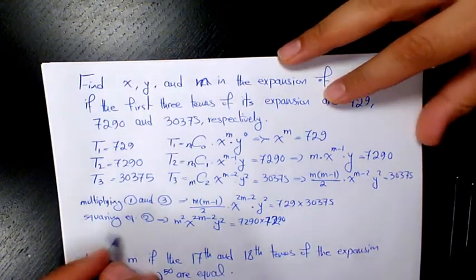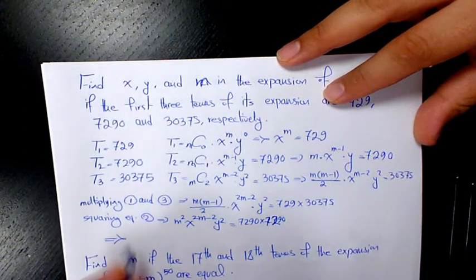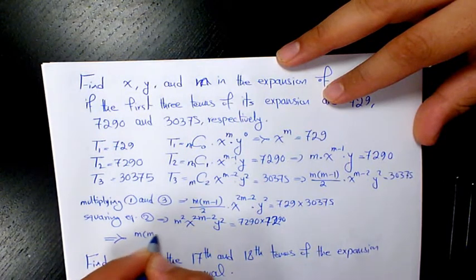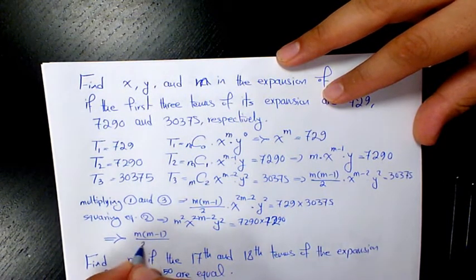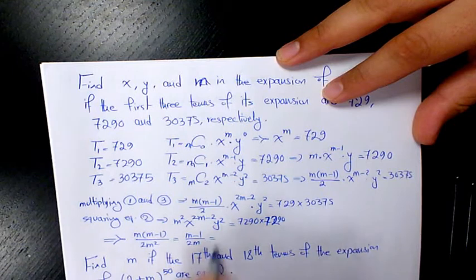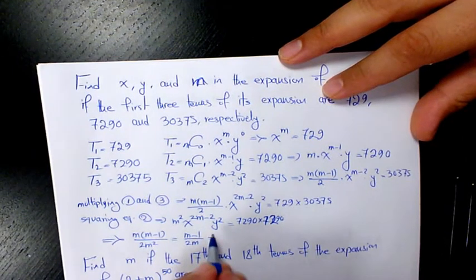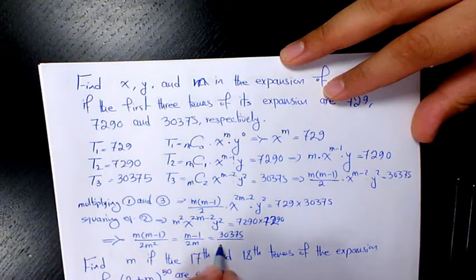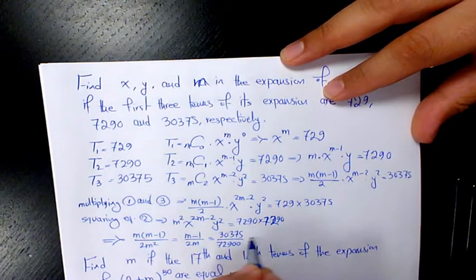So when you divide it, it's going to be m times (m minus 1) divided by 2m squared, which when you reduce it is going to be (m minus 1) over 2m equals 30375 over 72900, and when you reduce it, it's going to be 5/12.